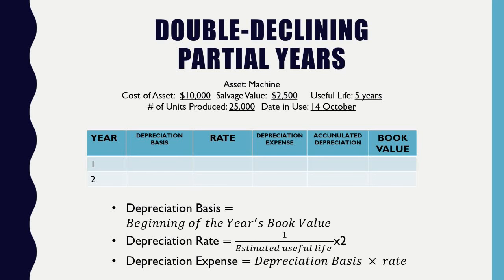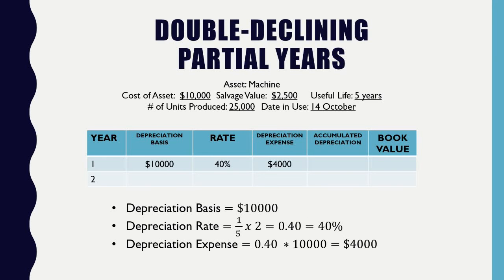What is the rate going to be? 40%. Good. So 1 over 5, which gives us 20%, times 2, which gives us 40%. And then lastly, what is my depreciation expense for this problem? 4,000. It's going to be 4,000.